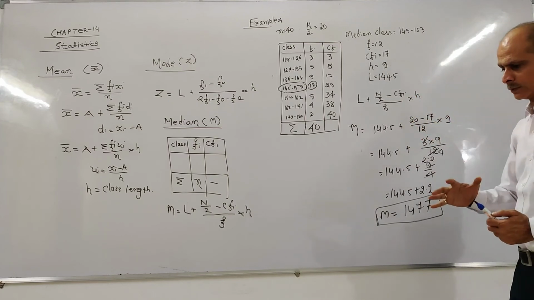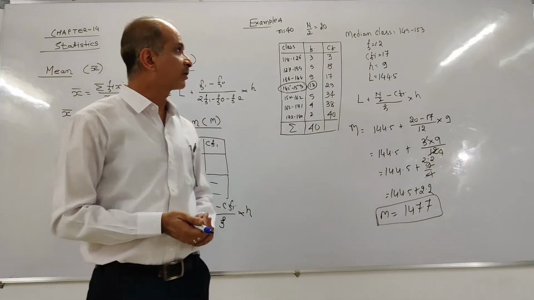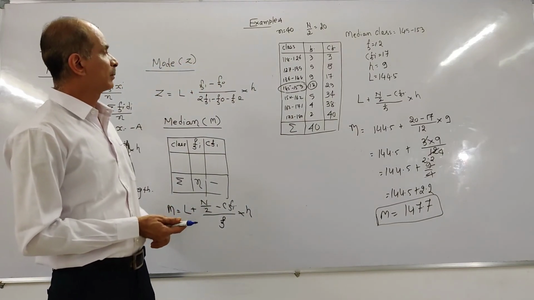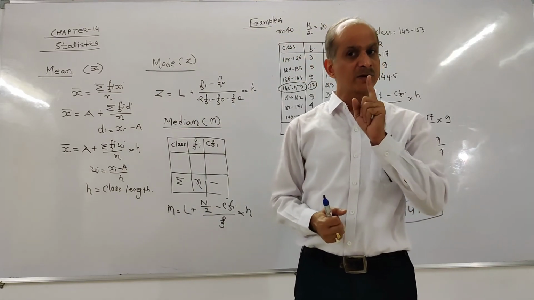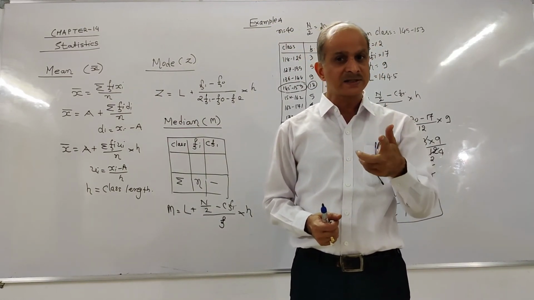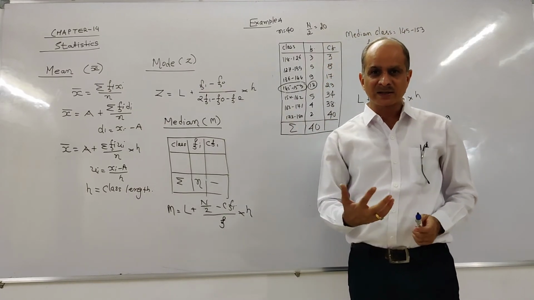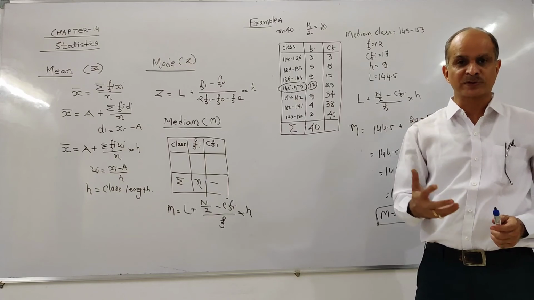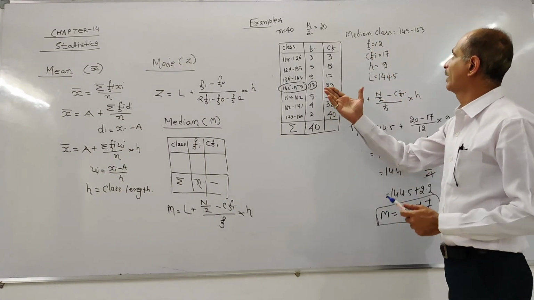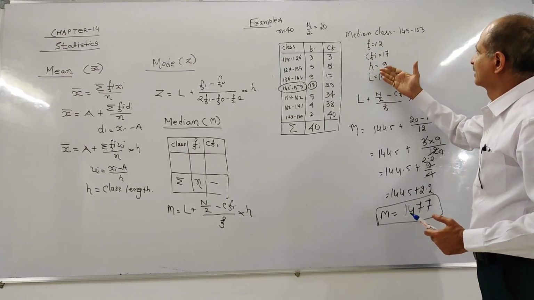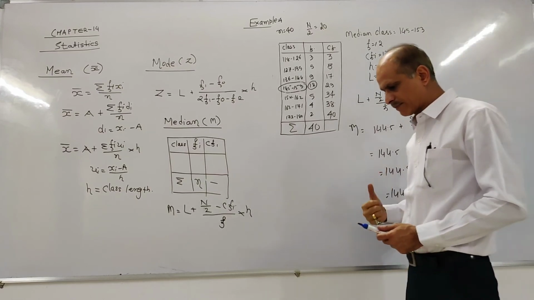Today we have solved two very important examples, number 3 as well as number 4. In the third example, the frequency distribution is given to you, but it is a less than type of frequency distribution. So we converted it into a general frequency distribution, and then we found L, CFI, F, H, put in the values, and solved the example.